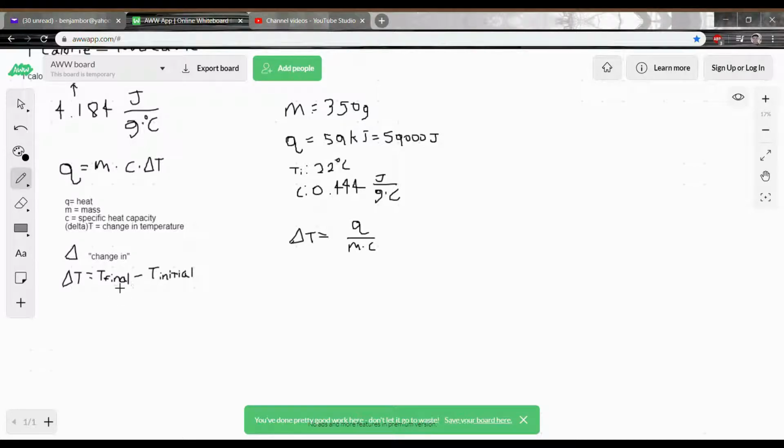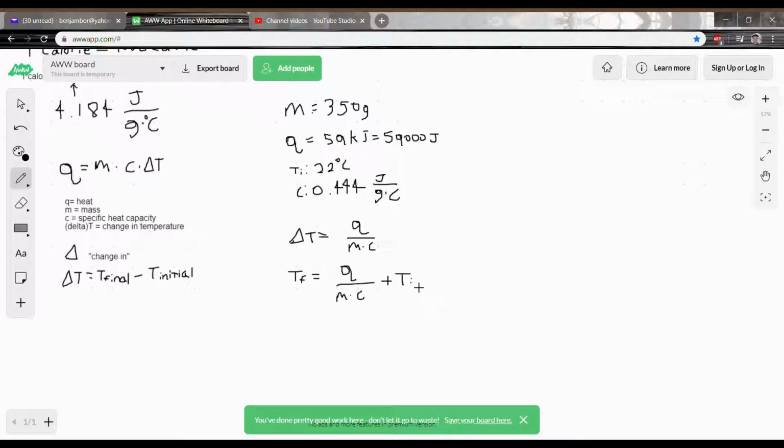We're interested in the final temperature, which means we want to isolate that. We're going to do that by adding the initial temperature to both sides of the equation, giving us that the final temperature is going to equal this Q over MC plus the initial temperature.